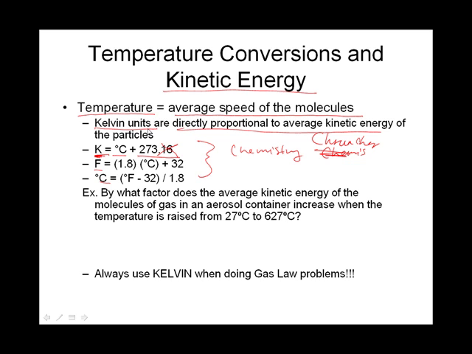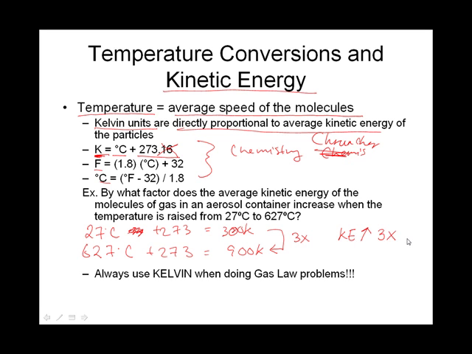If I convert the Celsius temperature into Kelvin, I would add 273 to this and get 300 Kelvin. Likewise, with the 627 degrees Celsius, I add the 273 to it, and now I am at 900 Kelvin. As you can see, the temperature increased by 3 times, so my kinetic energy also must have increased 3 times.